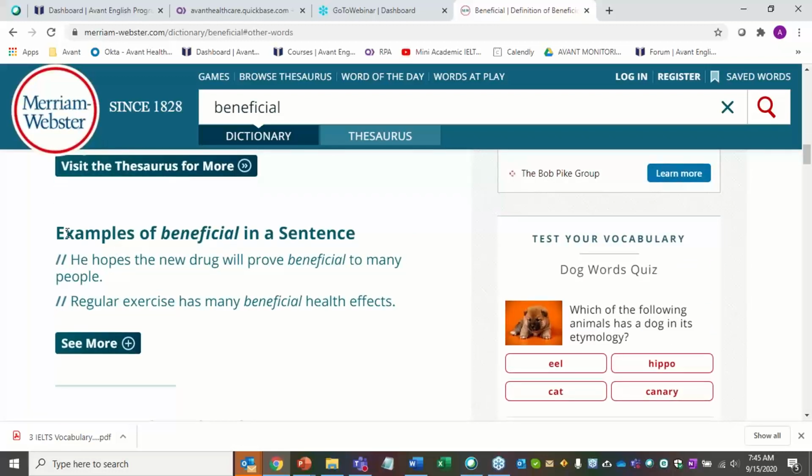They use the word in a sentence for you. He hopes the new drug will prove beneficial to many people. Regular exercise has many beneficial health effects. So they give you two sentences that use the same word, but they have slightly different contexts of how they're used.